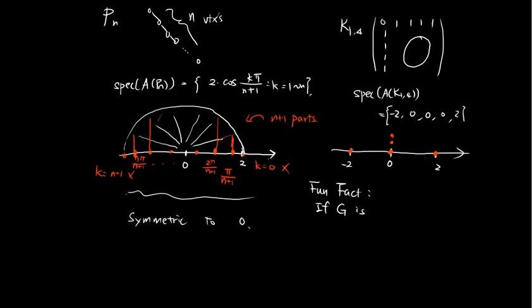So if G is bipartite, and the number of vertices is odd, then you know it is impossible to just have non-zero negative eigenvalues and positive eigenvalues. There must be a 0. Then 0 is in the spectrum.